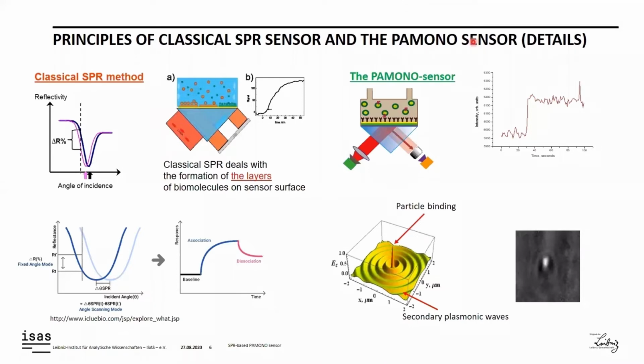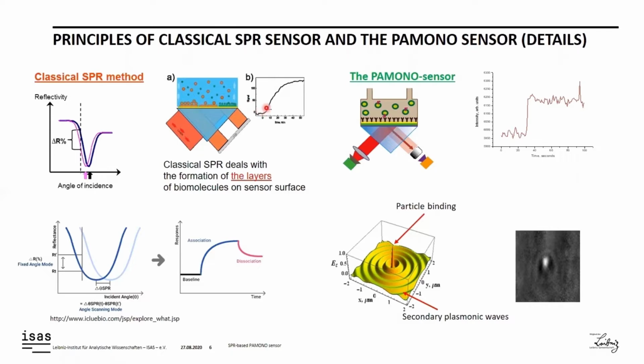And now I would like to mention differences between the classical SPR approach and our PAMONO-sensor. Certainly, SPR sensors were known in biology for a rather long time before the PAMONO-sensor was developed in our institute. However, these SPR sensors were able to detect the formation of layers of biomolecules on the sensor surface, as you may see, for example, over here.